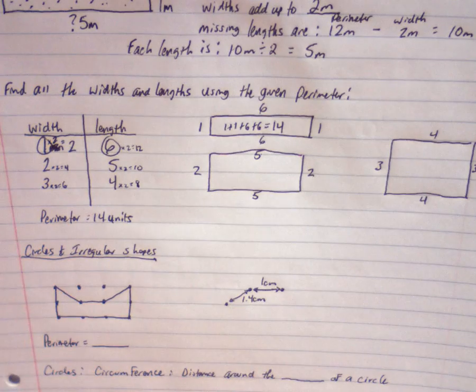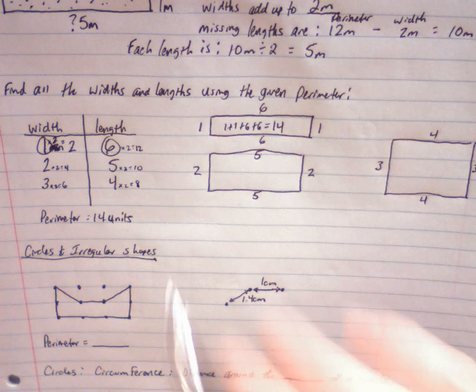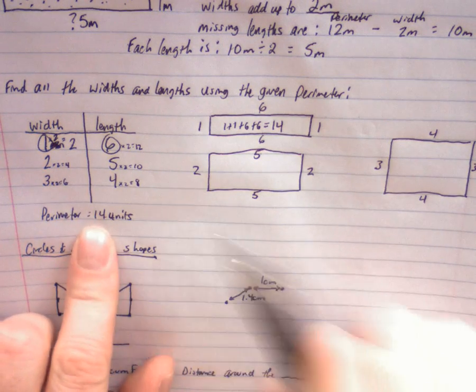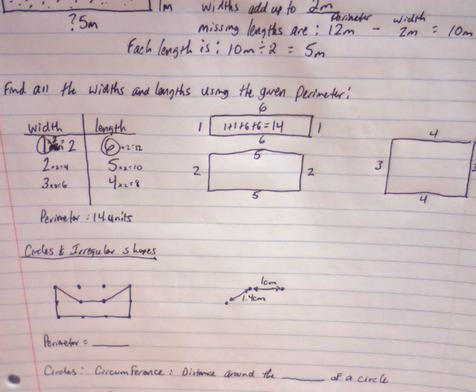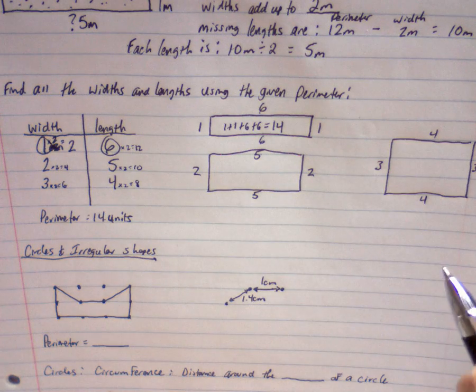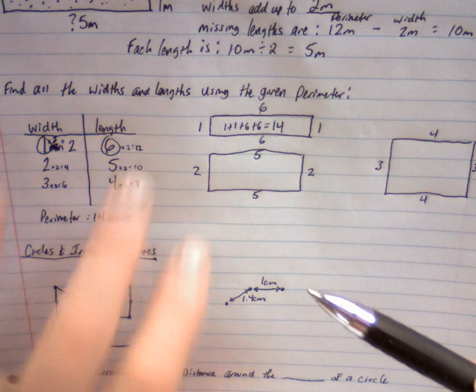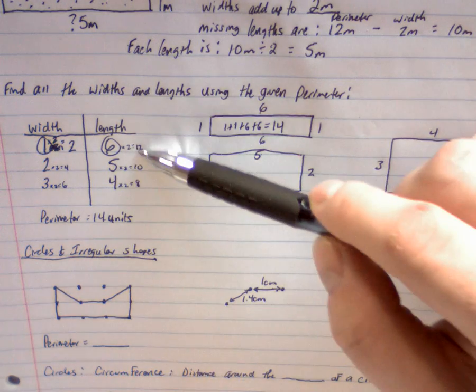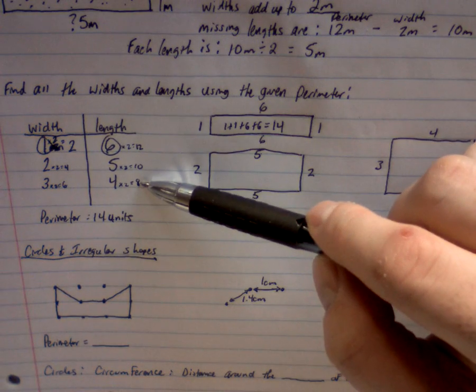So when it asks you to find the widths and the lengths of a perimeter using so many units, start with 1. Always start with 1 with your width, move up to 2, move up to 3. Always try to do that, because if you start with 1, you're probably guaranteed to find your length. Now notice how all these numbers work out: even number, even number, even number.